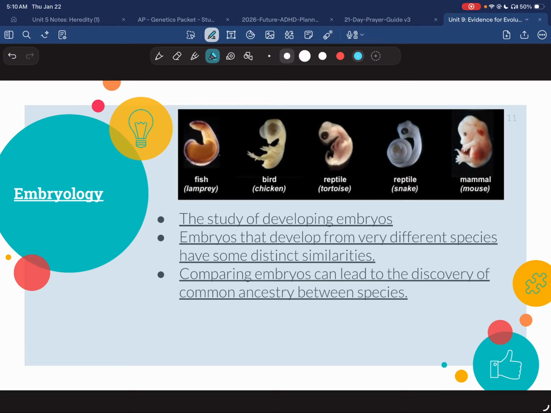And so we can compare embryos in different species to find similarities and find common ancestry. A lot of the answers to your questions on the test for this unit is we're trying to determine common ancestry. And so if we have evidence that these are similar, then it implies that there's a common ancestry that they share.